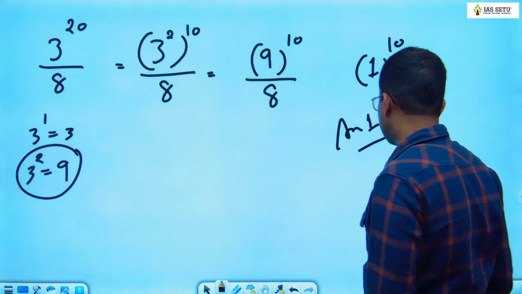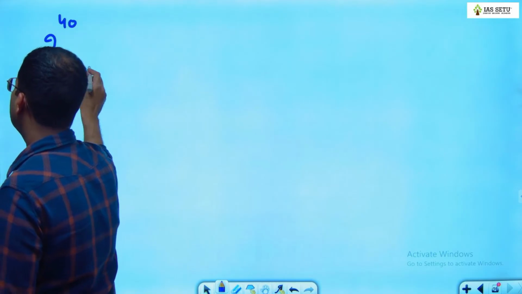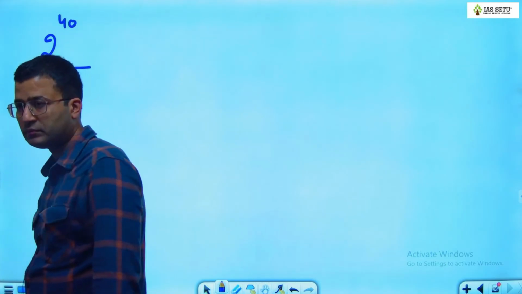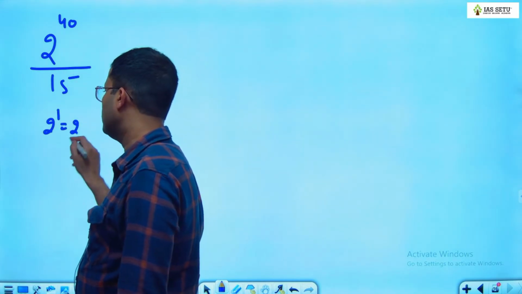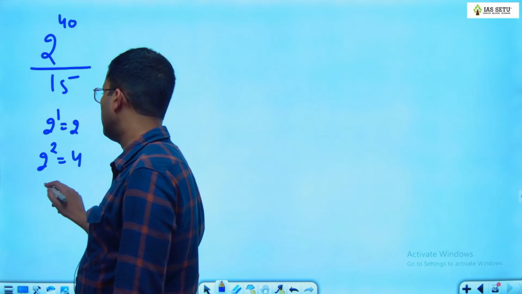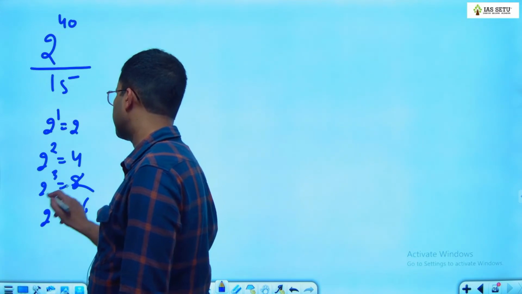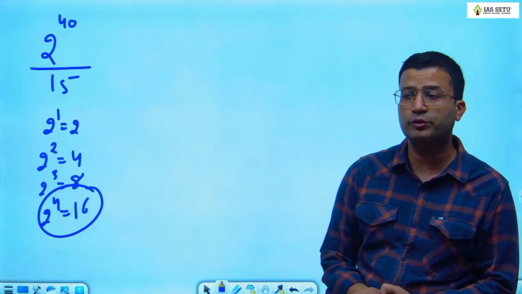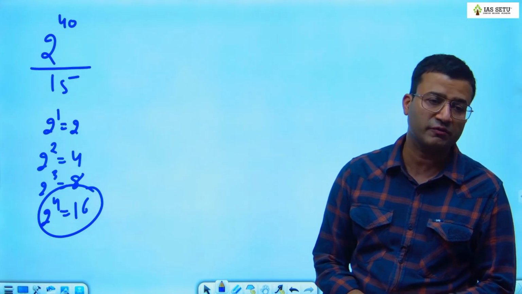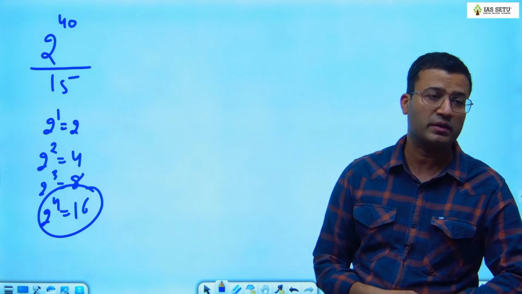Let us try 2-3 extra questions. 2 to the power 40 divided by 15. 2 to the power 1 is 2, 2 square is 4, 2 cube is 8, 2 to the power 4 is 16. Why will 16 help? Because it is 1 extra as compared to the denominator. So 16 with respect to 15 gives remainder 1, because multiplying 1 by 1 gives 1.